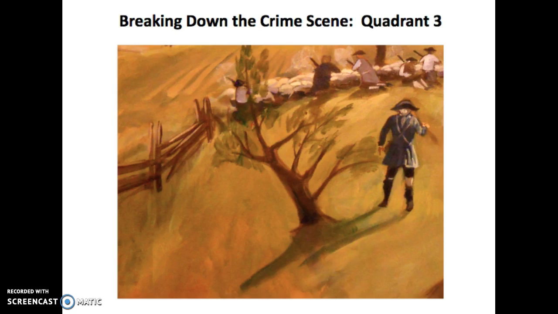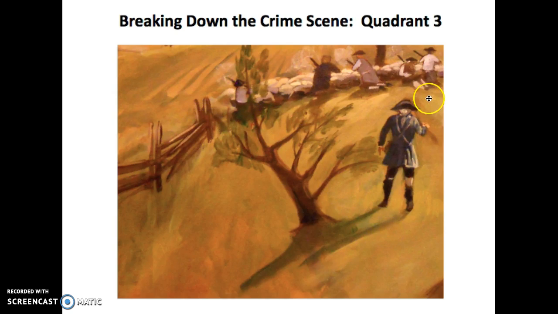This is quadrant 3. And looking again for people, objects, and other items. The people are these humans here. They're not wearing red coats, so I can assume that these are some colonial friends, some colonists.